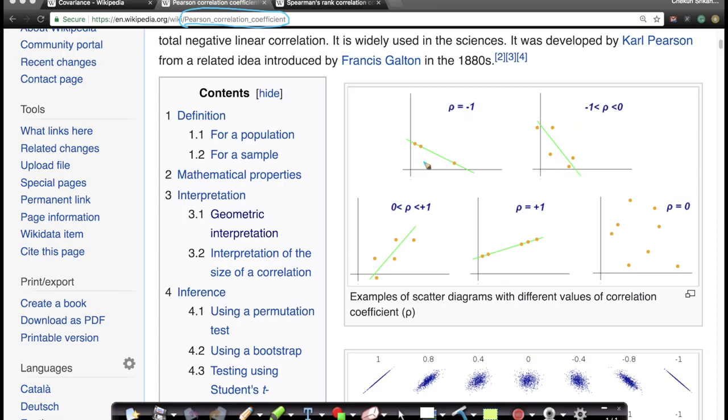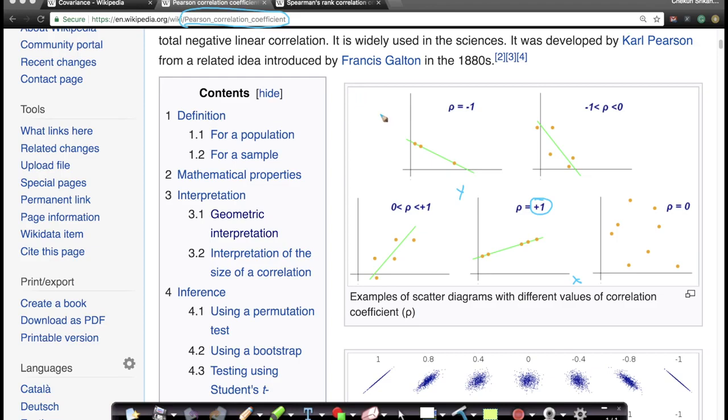Let's take this example first: this is your random variable x, this is your random variable y. As x increases, y also increases, and they lie perfectly on a straight line, which means a perfect, monotonically increasing relationship. Then your PCC, or your rho, is going to be exactly +1.